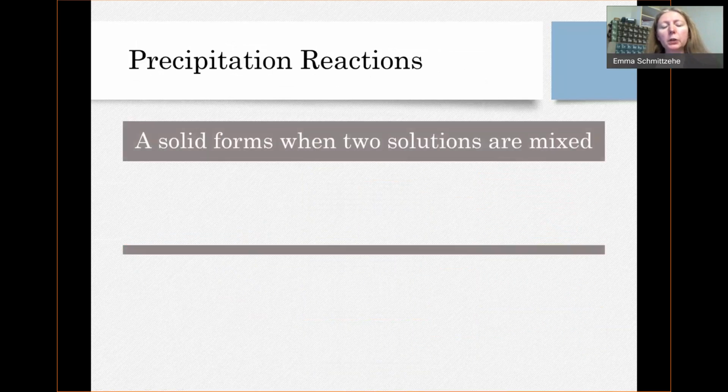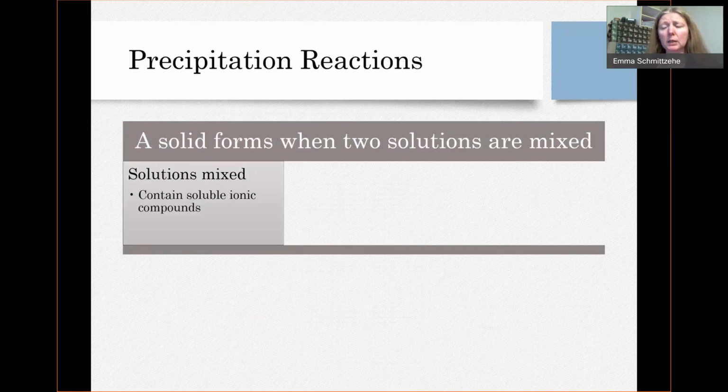So first, let's look at precipitation reactions. A precipitation reaction, again, is when a solid forms when you have two solutions that are mixed. For this, the solutions mixed typically contain soluble ionic compounds.